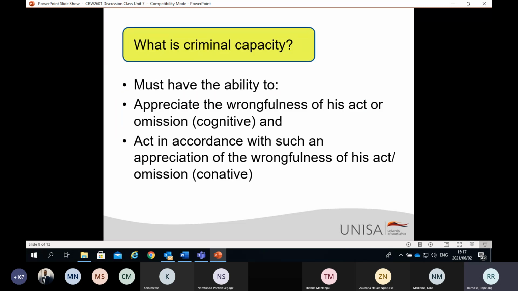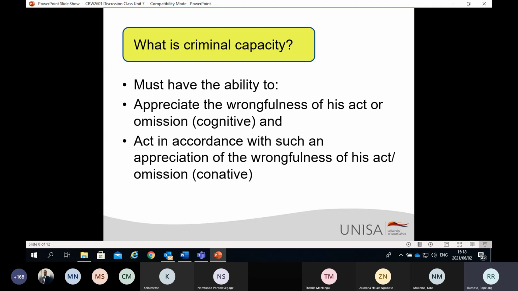What is criminal capacity? As I have indicated, definitions are important, so you must make sure that you know this definition and you understand it. A person acts with criminal capacity if they have the mental ability to firstly appreciate the wrongfulness of his or her act or omission, and act in accordance with such an appreciation of wrongfulness.